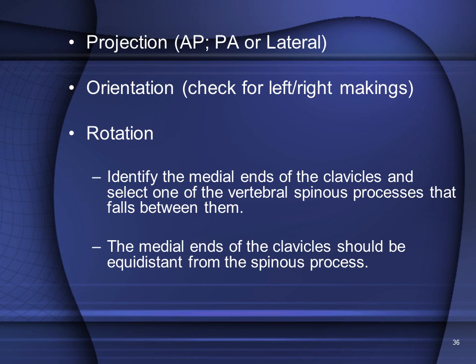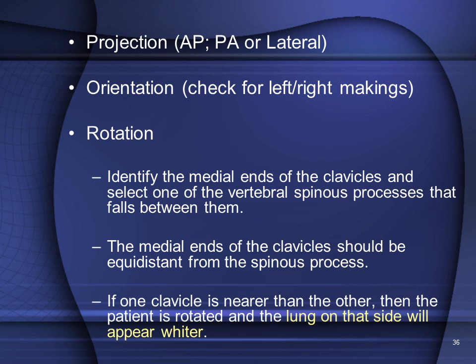The medial ends of the clavicle, or even the midpoint on the clavicle, should be equidistant from left to right with reference to the spinous process. If one side has a shorter distance than the other, then the patient is rotated to that side. And this is important because the lung on that side will appear whiter or more opaque.